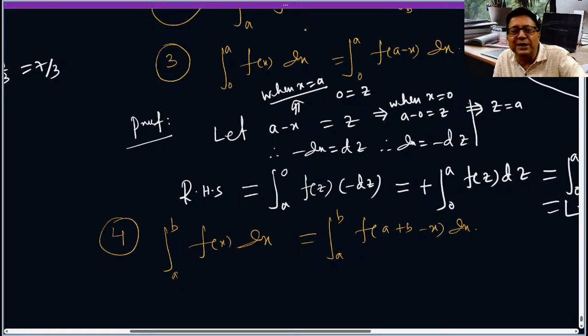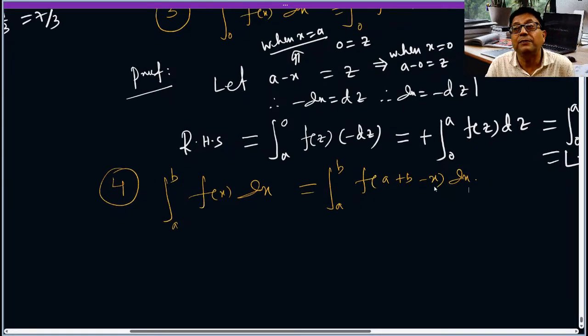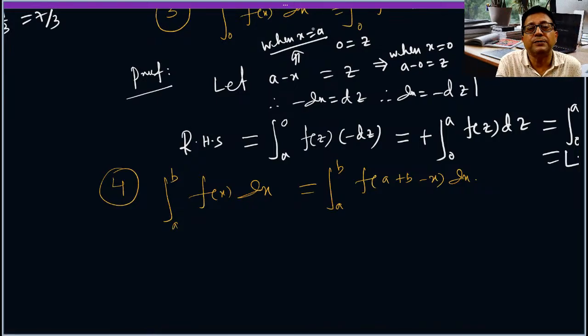It is from a to b. ∫ₐᵇ f(x)dx should be ∫ₐᵇ f(a+b−x)dx. Here it was a minus x. Here it will be a plus b minus x. And you can take the effort of proving this one also by putting a+b−x equal to z. You can prove, but don't do it now. Let us find one application of this sum. Just one application.